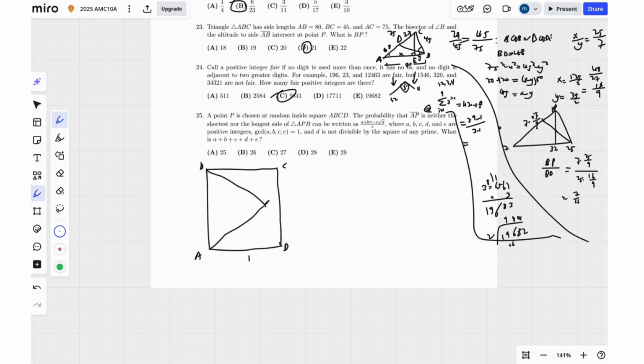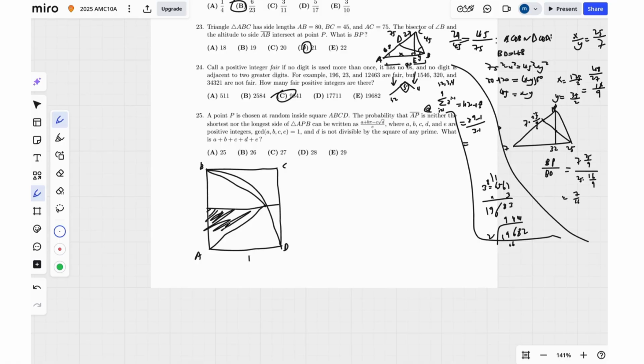Also a circle. So P is only the shortest if AP is less than BP and AP is less than AB. So AP is less than BP if it's in this rectangle, and AP is less than AB if it's here.